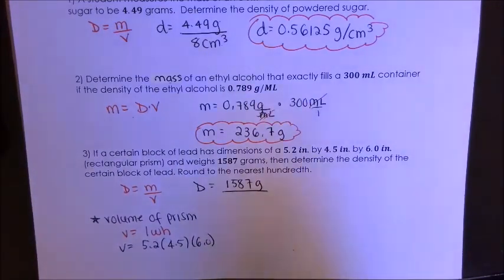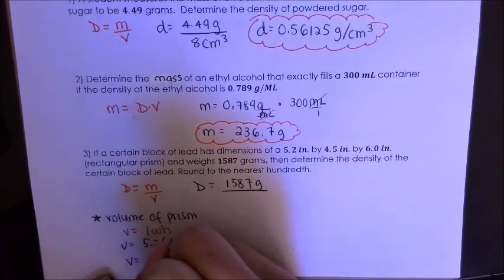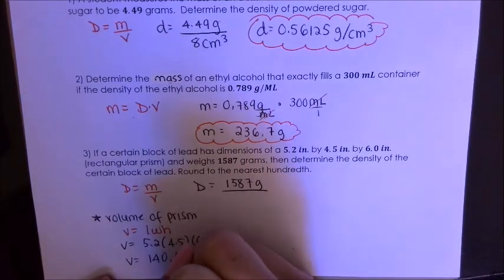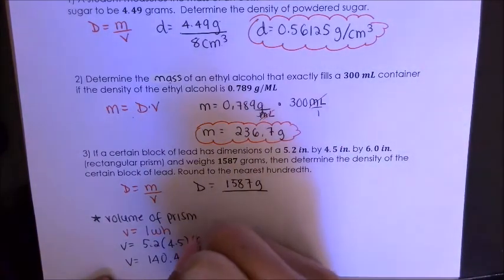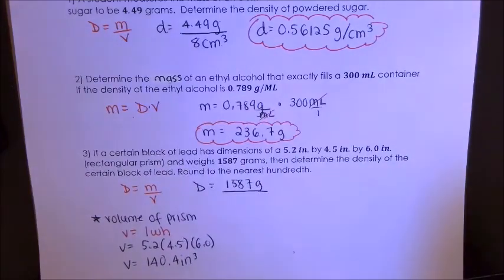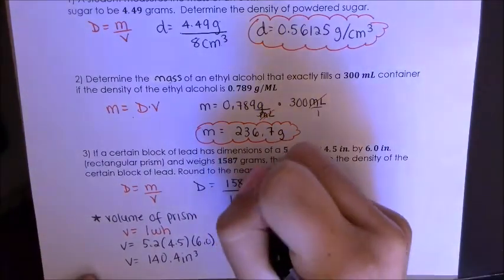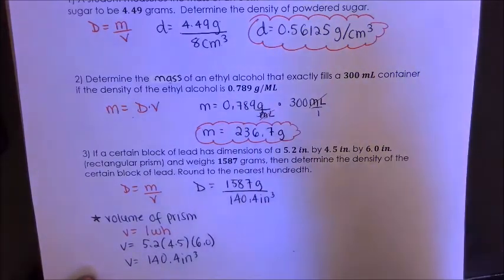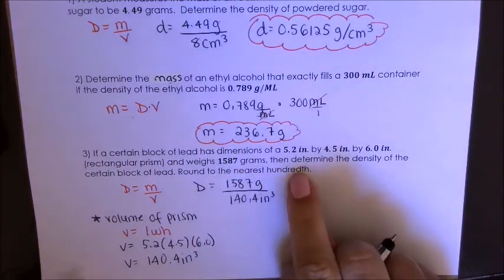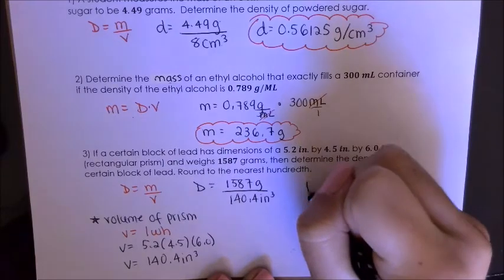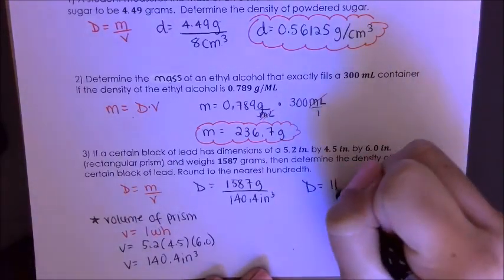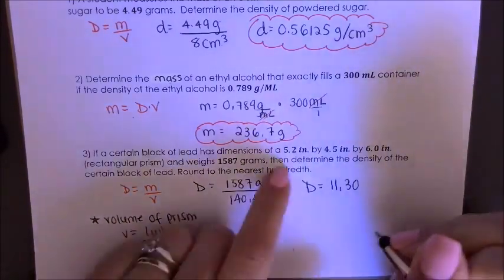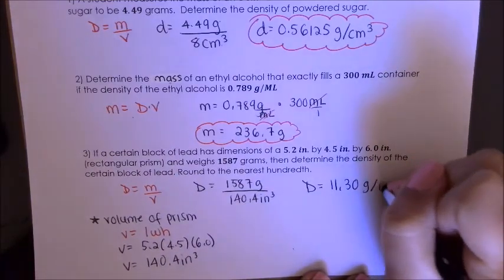When I multiply all these out, my volume is going to equal 140.4, and the units will be inches cubed. So now I could go ahead and put that underneath and divide. It says to round to the nearest hundredth, so keep that in mind. So my density for this problem will be 11.30, and the units, remember, will be grams per inches cubed.